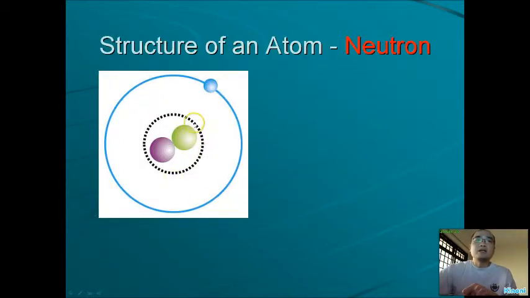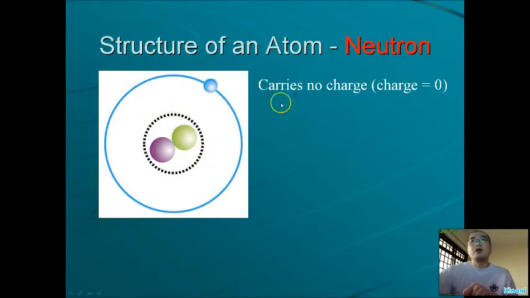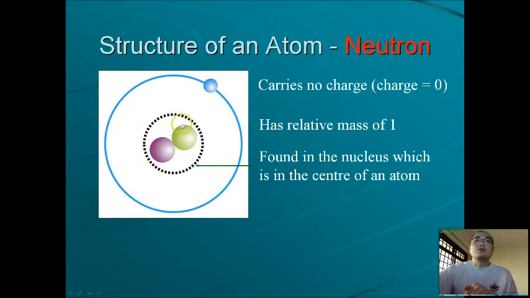So the other particle that's found in an atom inside the nucleus is the neutron. A neutron is neutral. It does not carry any charge. So we say that charge equals 0. It has a relative mass of 1. So it is found inside the nucleus.